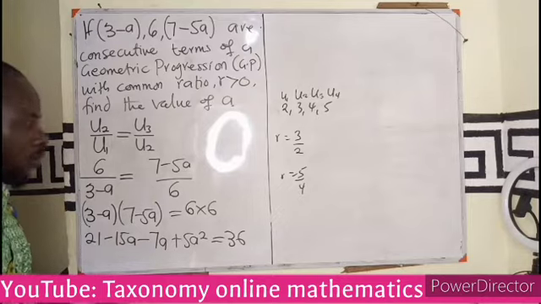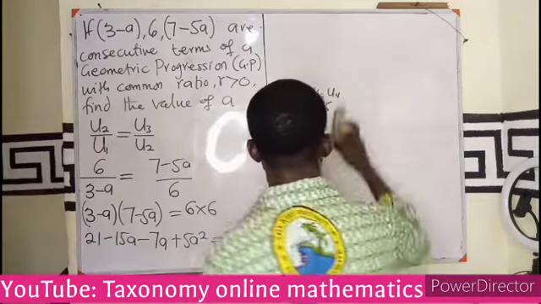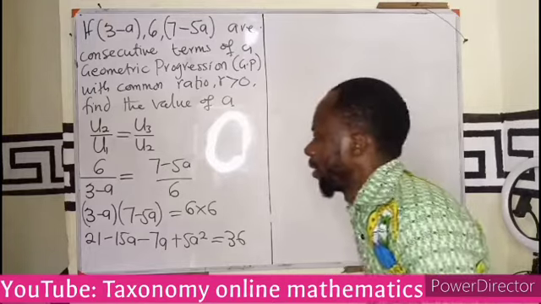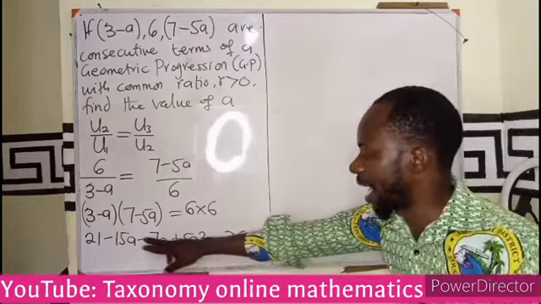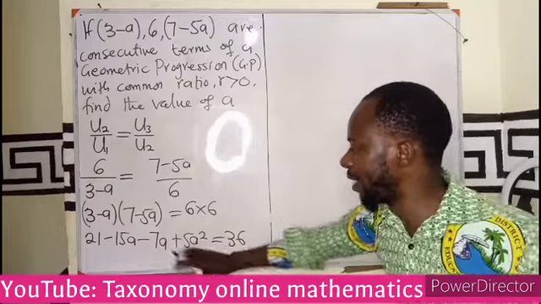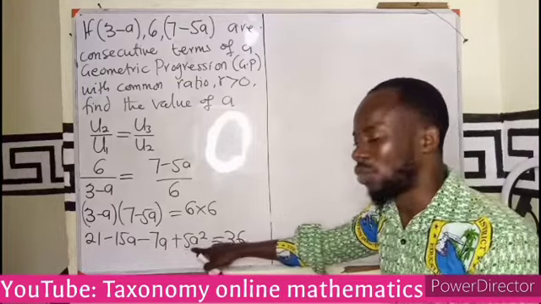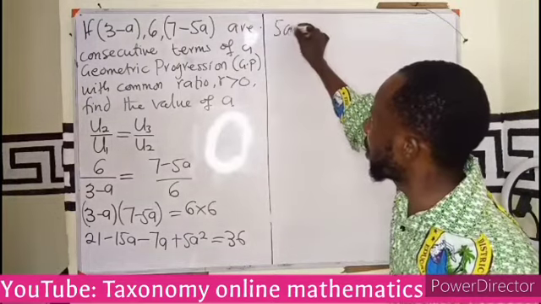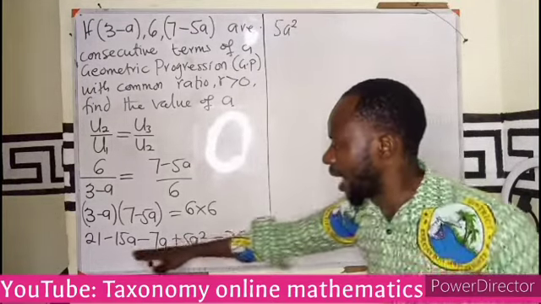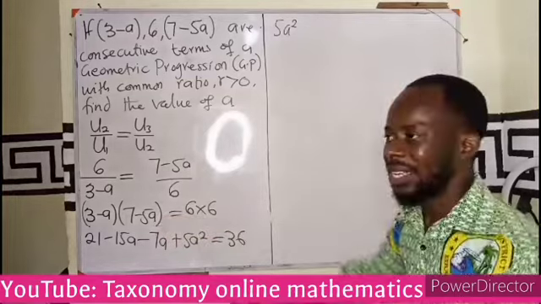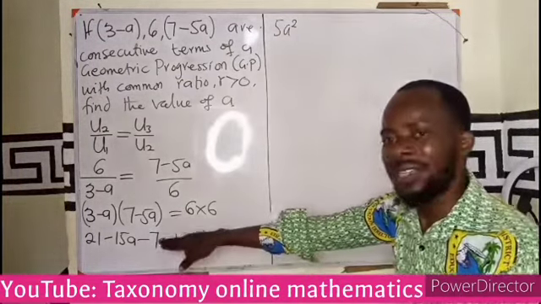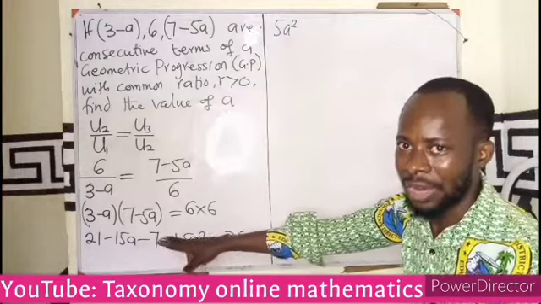So we group them together. I maintain these terms, having the square term first: 5a squared. Then 15a and 7a have the same power of a, so they are like terms.